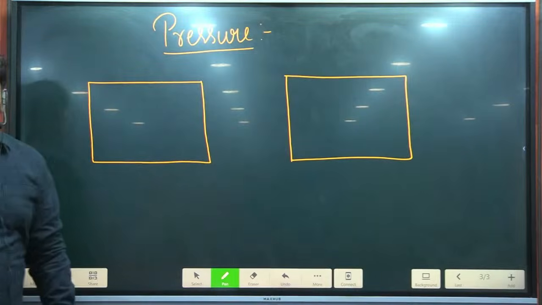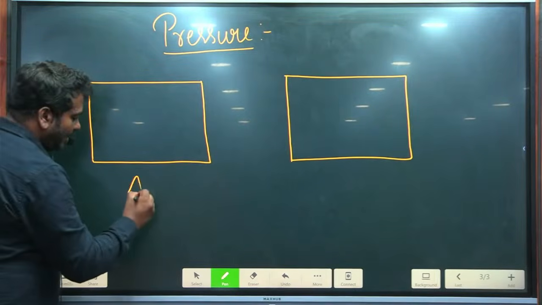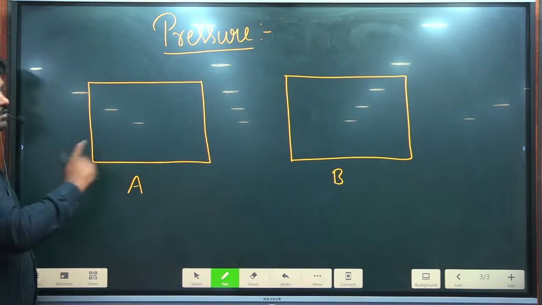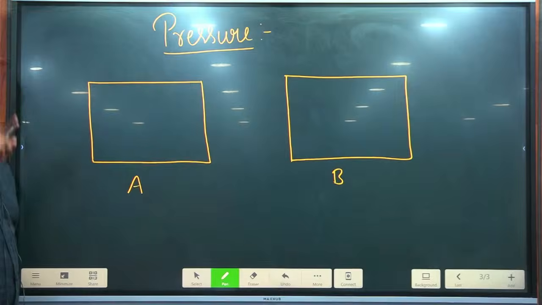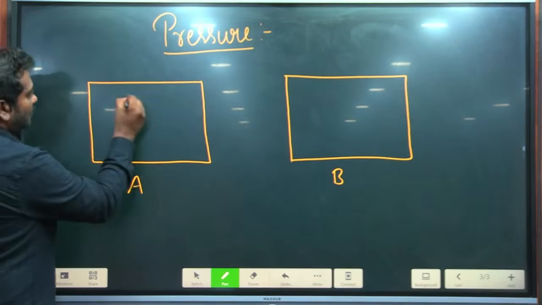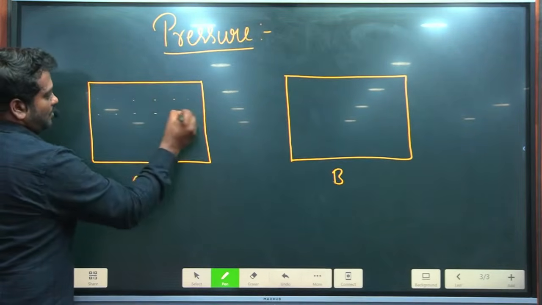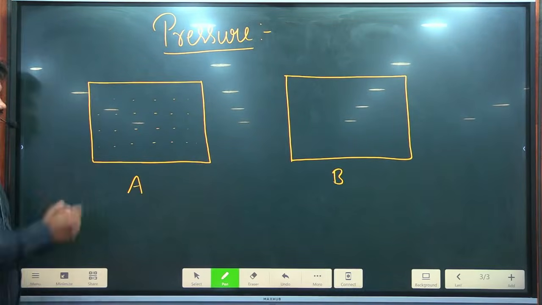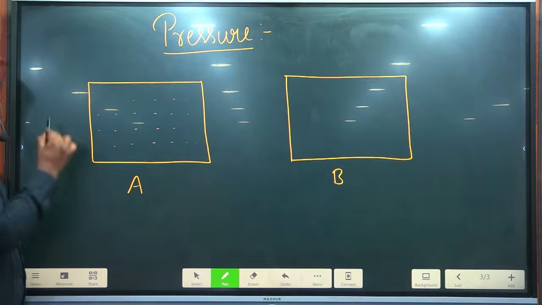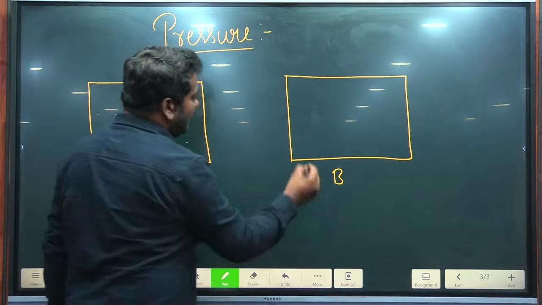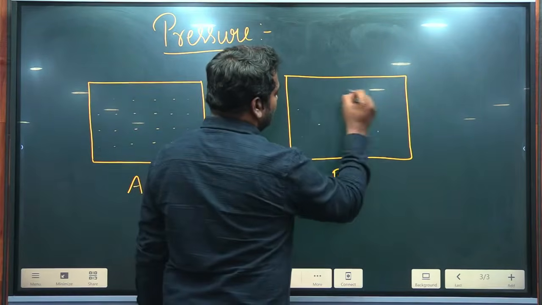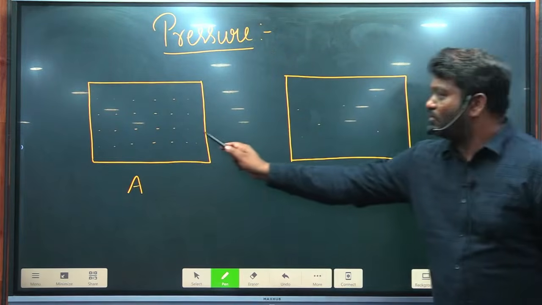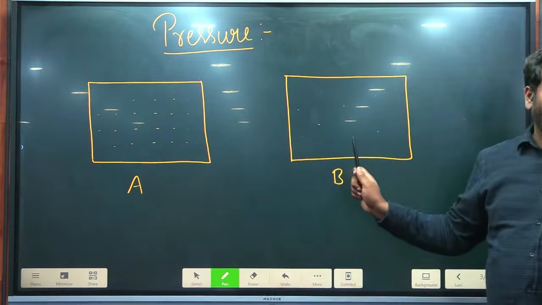Yes, just observe first. I have A, B, both are same volume. Now, A has more number of particles. B has less number of particles. Everyone see? A has more particles, B has less particles.